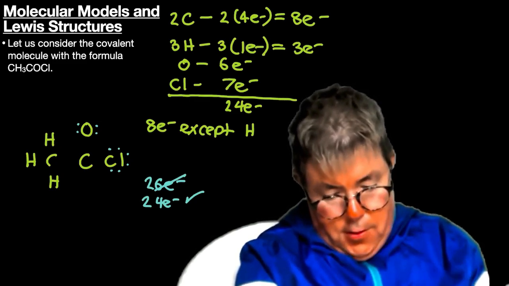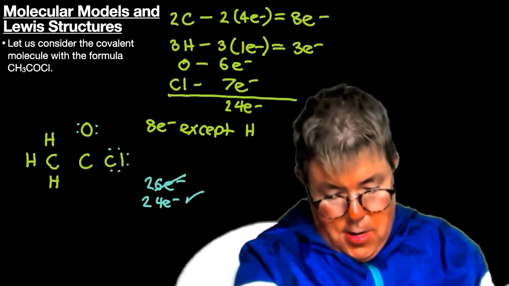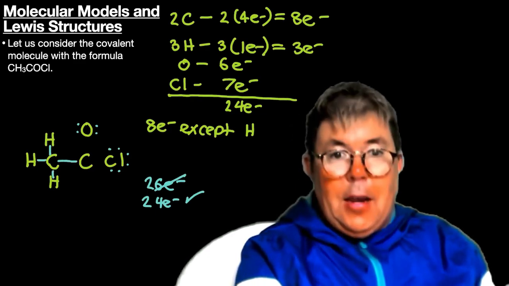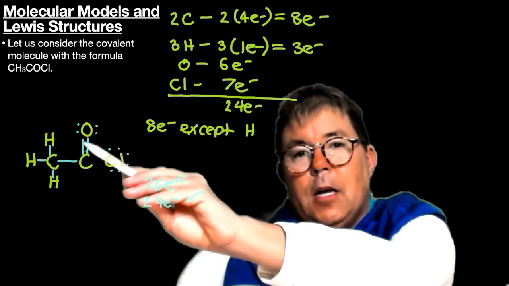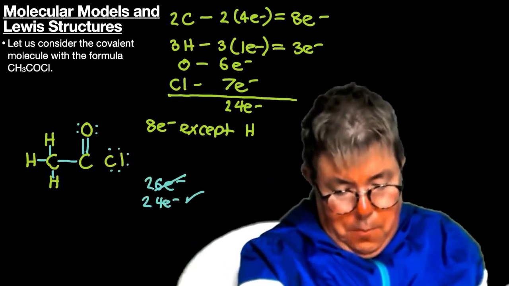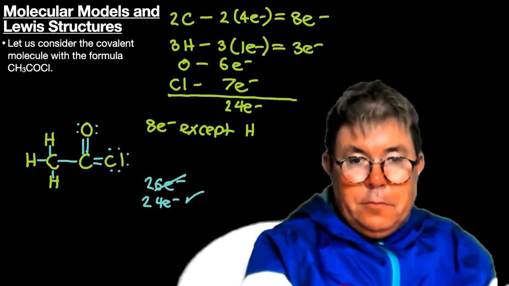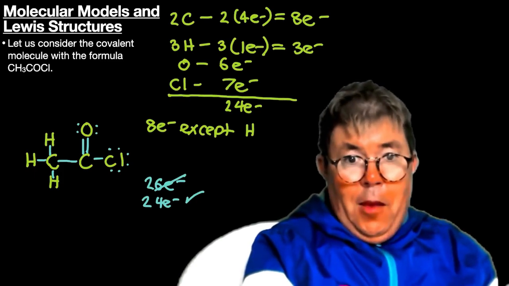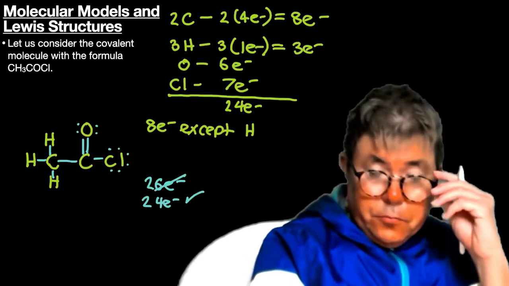So let's fix the C, and then I can put a line to represent. And I just drew 2 lines. Those 2 lines represent the double bond, and then we can put in 1 line for the chlorine. Okay, so now we have the correct Lewis structure.